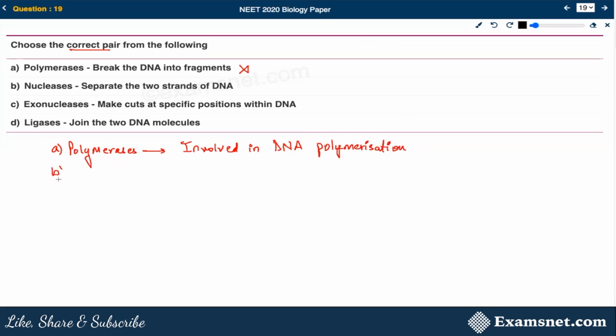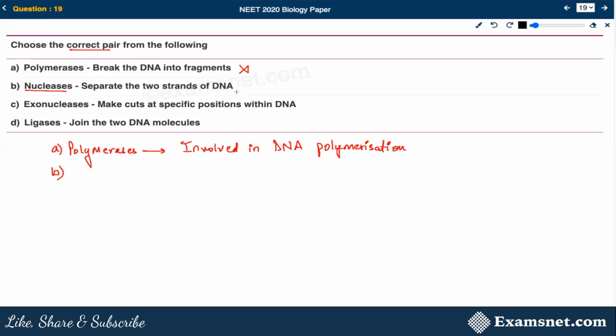Clear? Now, option B says nucleases are involved in separating the two strands of DNA. No, nucleases are not involved in the separation of the two strands of DNA, because nucleases are a kind of restriction enzyme which cut the DNA. They are a category of restriction enzymes that can be either endonucleases or exonucleases, making specific cuts within the DNA. So this is not going to separate the two strands.